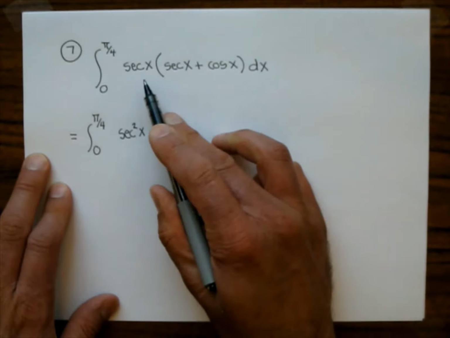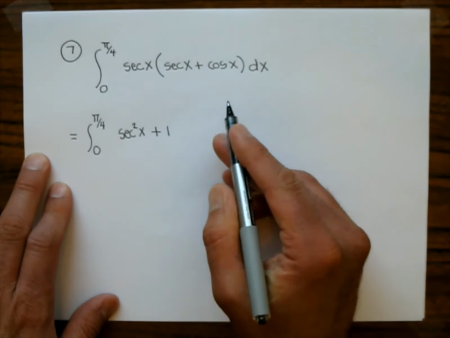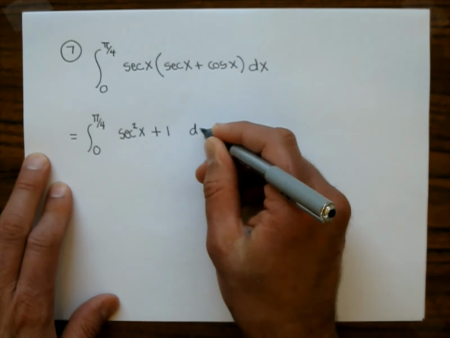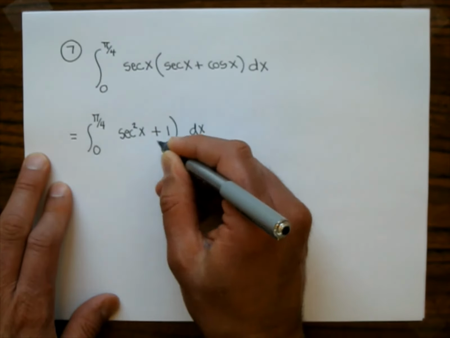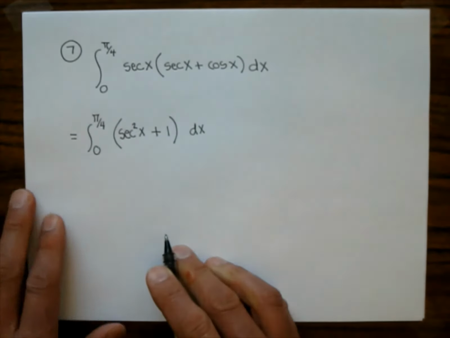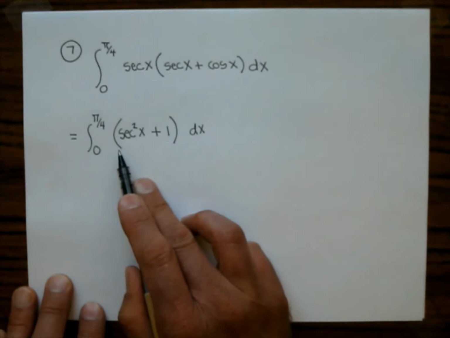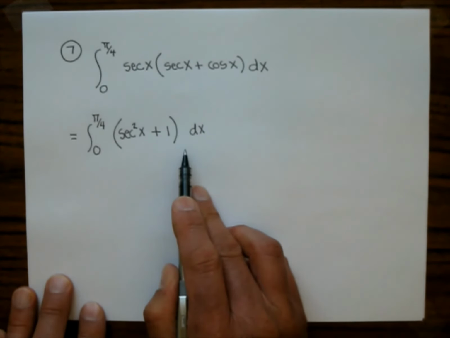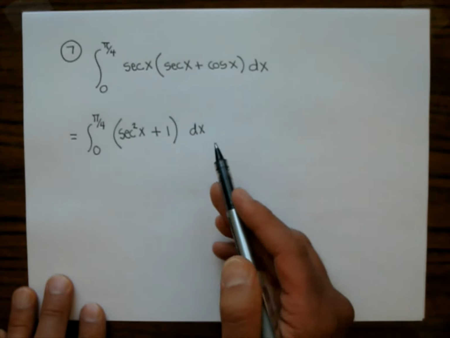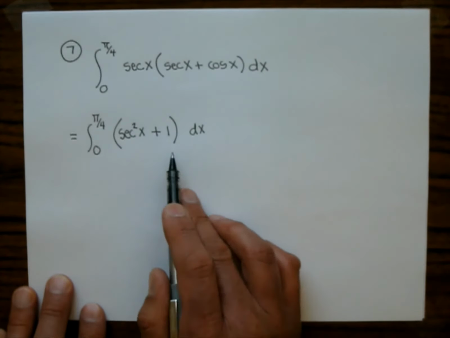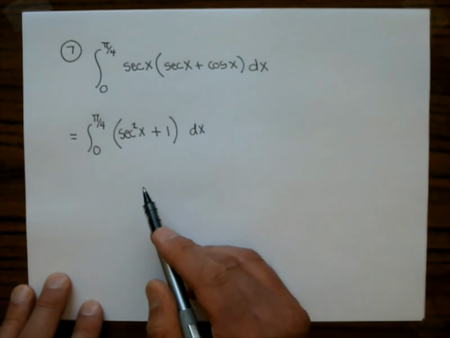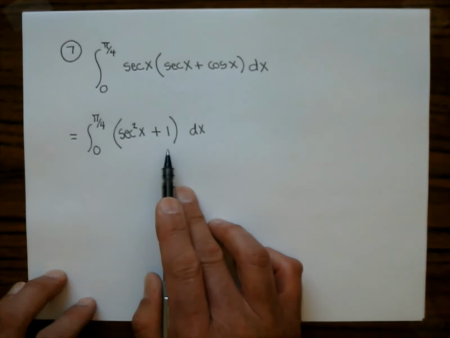So it was well worth multiplying the secant through, distributing it. And so what I'm going to do is throw some parentheses up. Now if you're taking higher math classes, sometimes they abuse the parenthesis rule with integrals. When you get to a higher level and the teacher stops putting the parentheses there, then that's alright. But for now, we're going to do that.